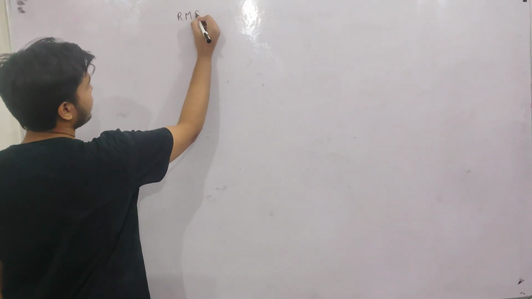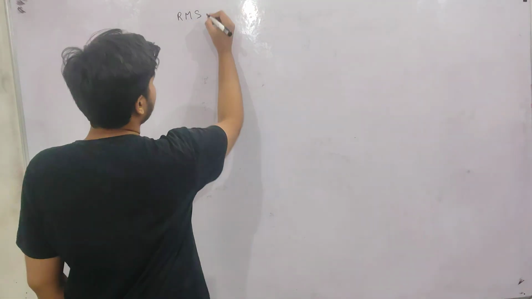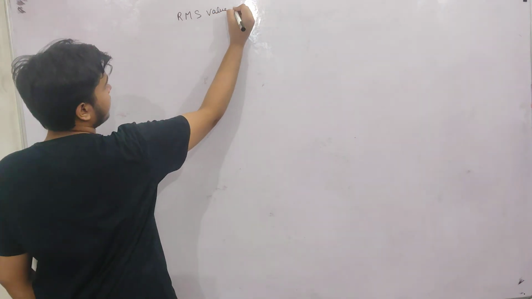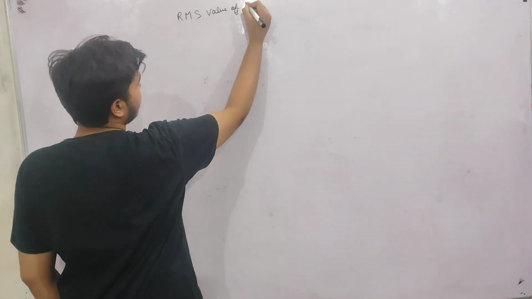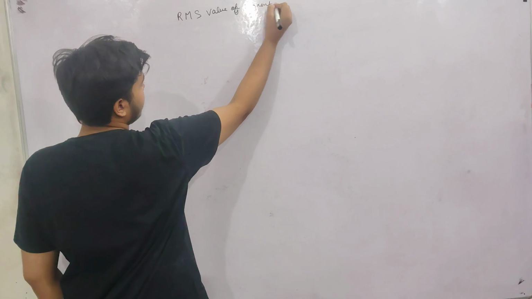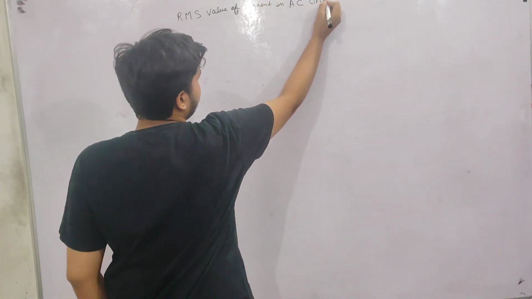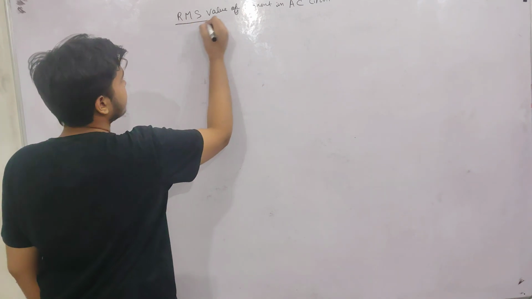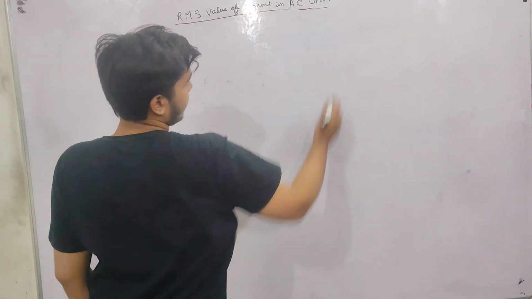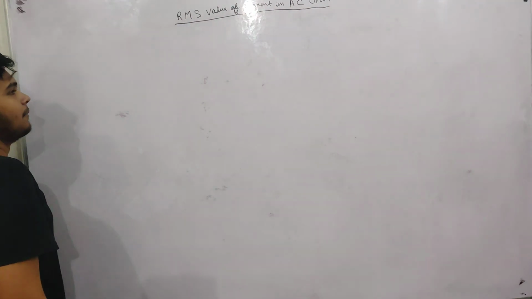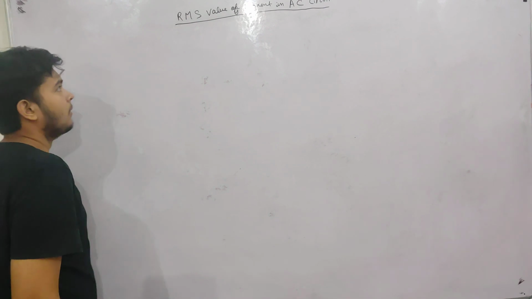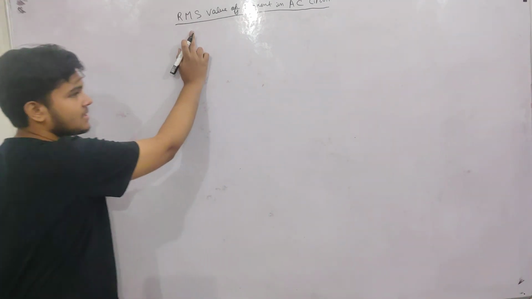RMS value of current in AC circuit. This is the second derivation of the chapter which will likely come in the exam. RMS means root mean square.